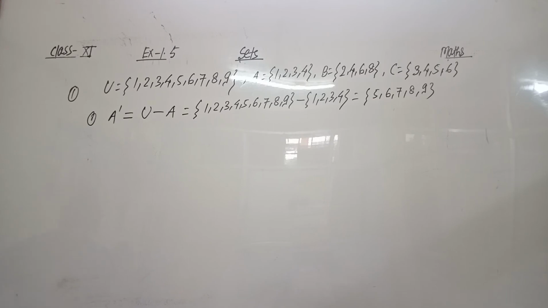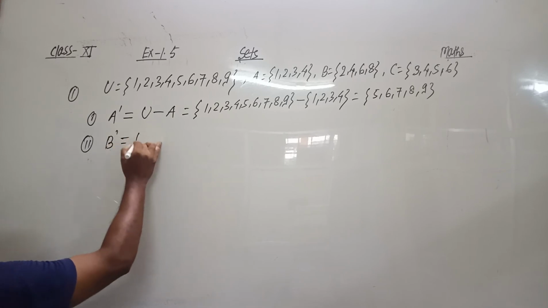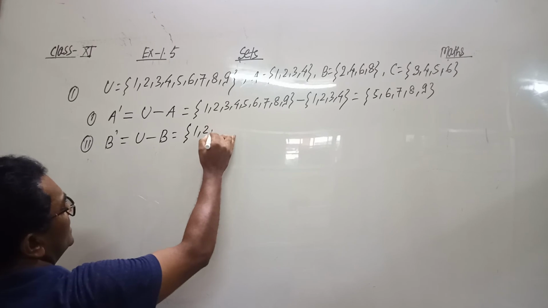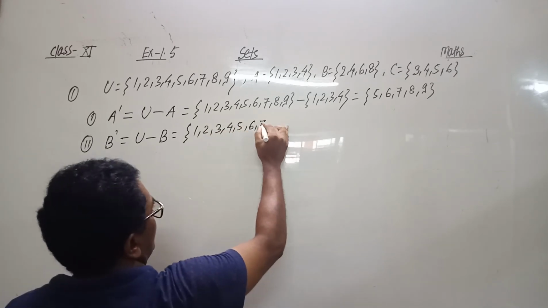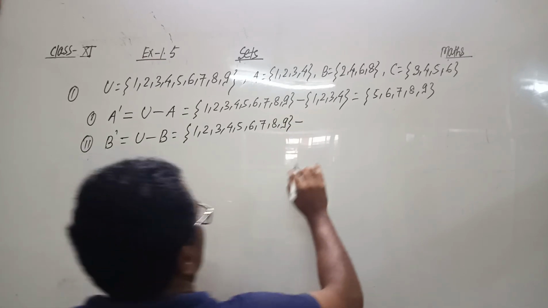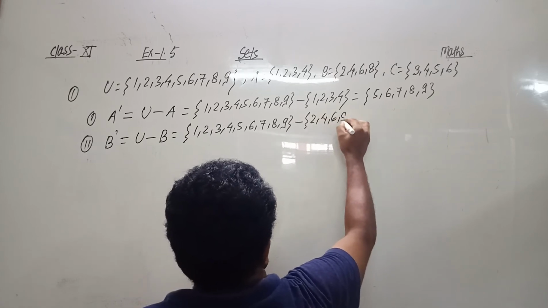Now the next part we have to calculate B dash. And formula for B dash is U minus B. And U is 1, 2, 3, 4, 5, 6, 7, 8, 9, minus set B. Set B is 2, 4, 6, 8.